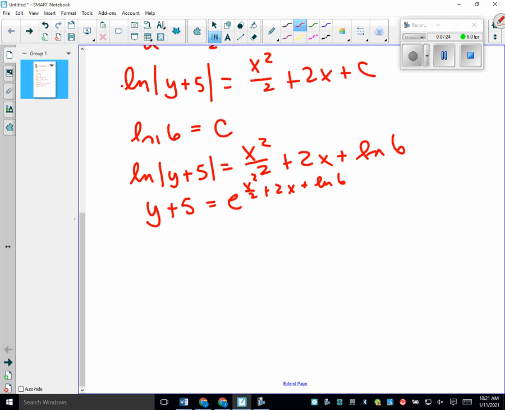Now, y plus 5 equals, because there's a plus in between, remember when we're multiplying, we add exponents? So this is the same thing as e to the x squared over 2 times e to the 2x times e to the ln of 6.